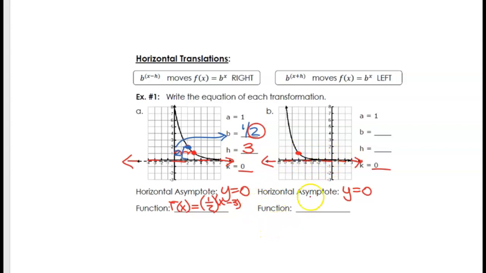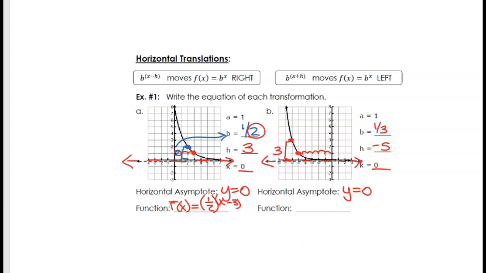Yeah, so what is my h value? -5. And then because I have to go to the left to count my height, so left, here's that point. What is that distance? 3. So what is the b value? 1 over 3, because this is exponential decay.